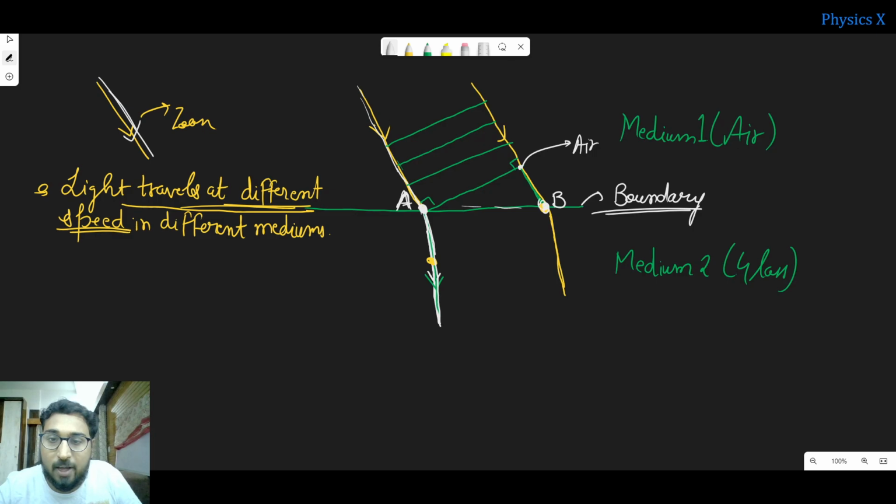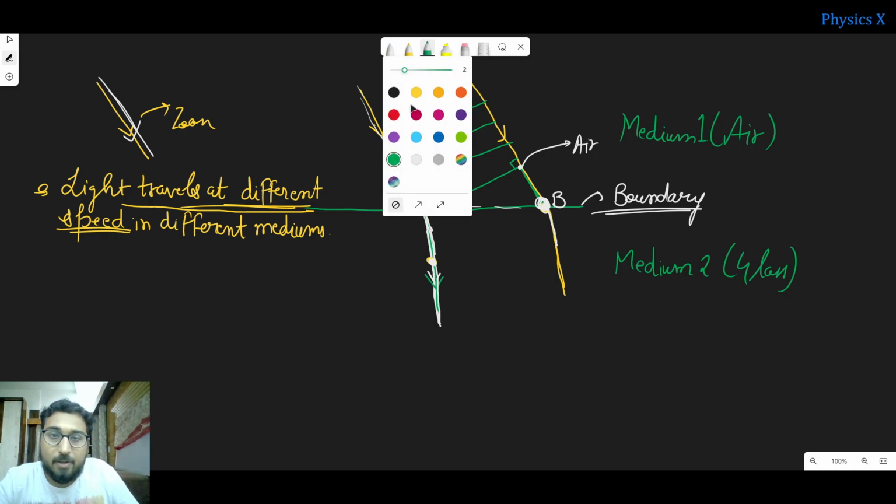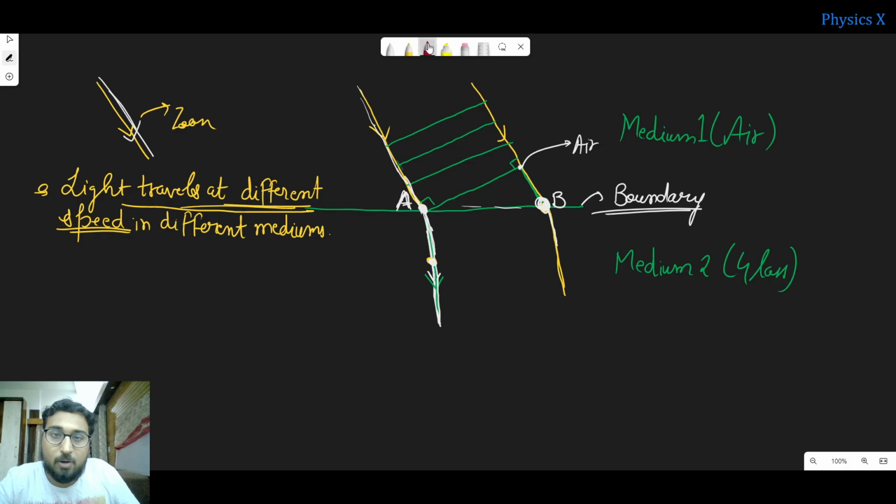This part had already reached here, but now it will start to bend. Overall we will see a bending of light, which is now like this, and it goes on like this.